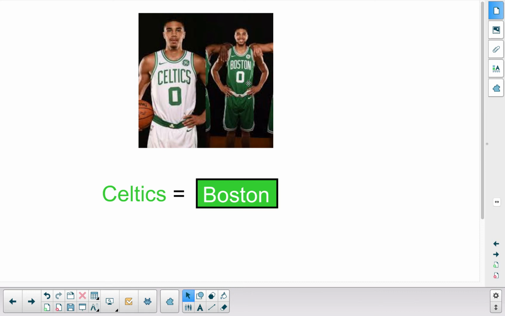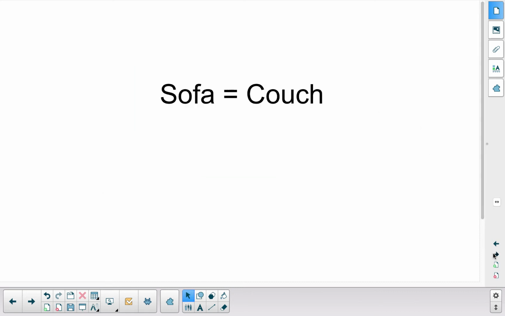We can argue I like green, I like white, I like Celtics, I like Boston, but we know the meaning behind the shirt. It's the same thing. A sofa is the same thing as a couch. You might say that a sofa is a smaller couch or whatever, but they're essentially the same thing. And it's telling us a story. In mathematics, it's going to work the same way.